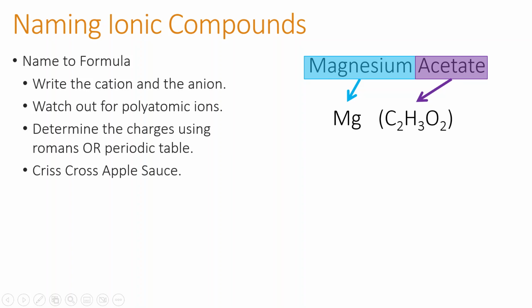Then we want to determine the charges, either using Roman numerals for transition metals or its position on the periodic table. So I know that magnesium is going to form a +2 charge because it is in the second column on the periodic table. It loses 2 electrons to get to an octet. So magnesium's +2. Acetate is a polyatomic ion with a charge of -1.